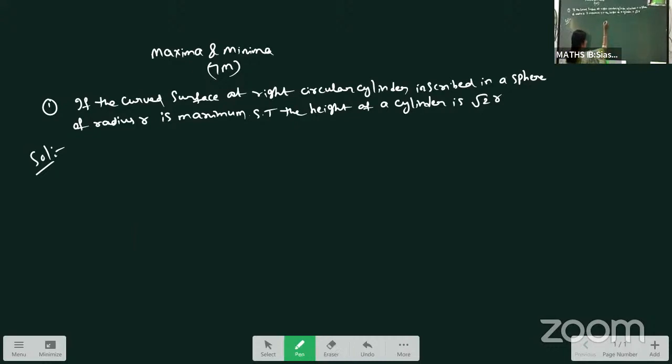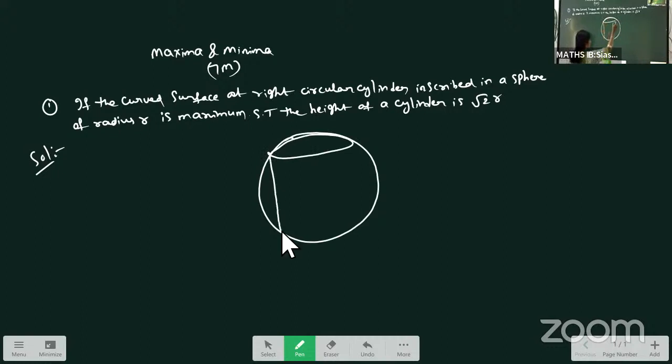Simple question. Here, this is the center.